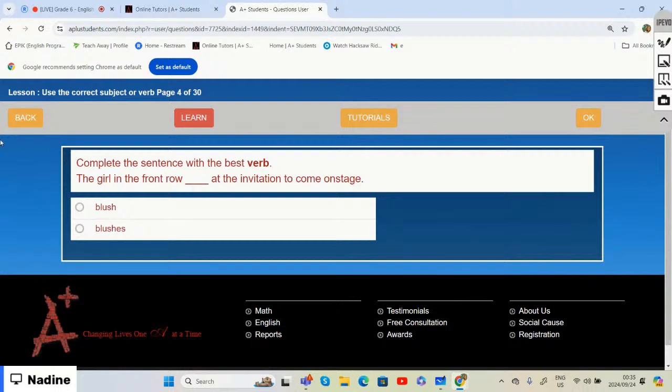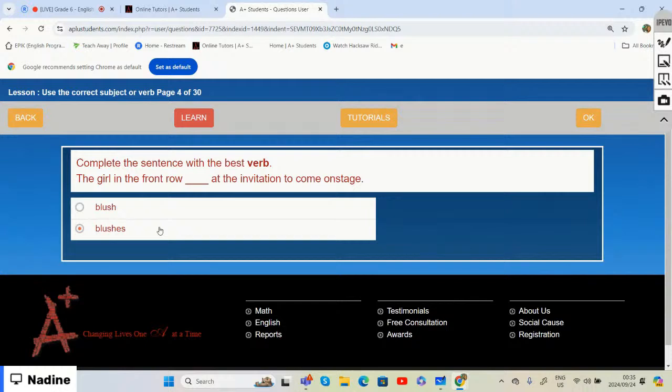All right, and if we were to choose the correct option, we will say the girl in the front row blushes. Remember, guys, that if we have a singular subject, it refers to one person, one place, one animal, or one thing. And our singular subject needs to agree with our singular verb.